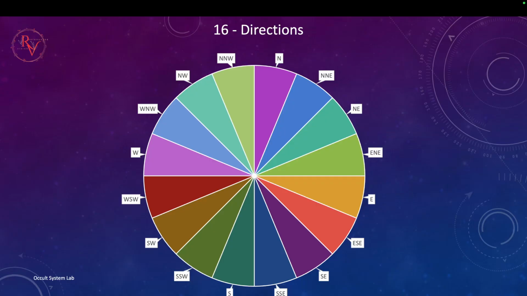So here you can see, if you divide 360 degrees by 16, you will get a value which is equal to 22.5 degrees. So each of these slices here is of equal degrees, which is 22.5 degrees.